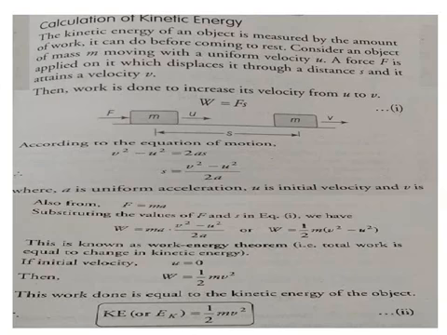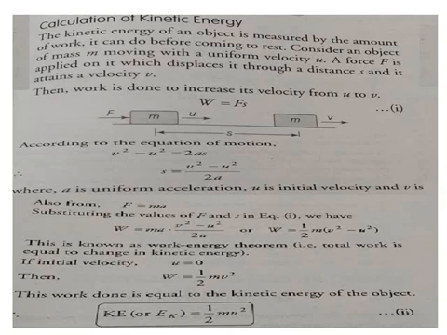So children, this is a very important derivation. We start with an object which has an initial velocity u, affected by a force F, which makes it displace through a distance s, and it moves with a final velocity v. Work done has the formula force into distance moved.